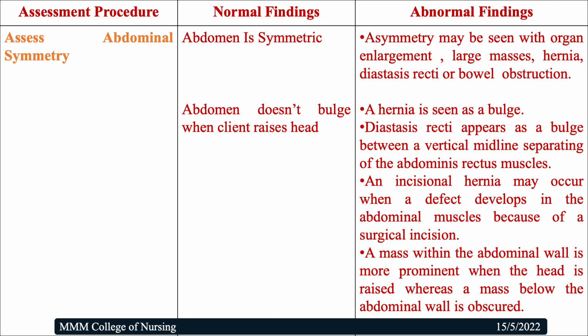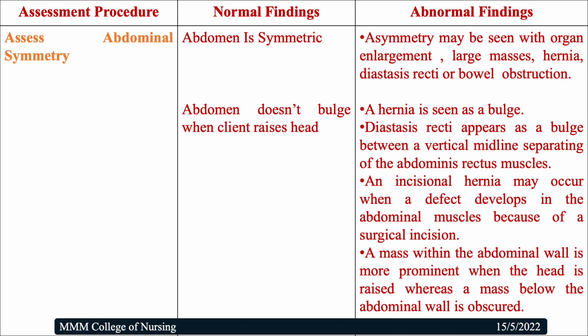Diastasis recti appears as a bulge between a vertical midline separation of the rectus abdominis muscles. This condition is of little significance, usually seen after pregnancy. An incisional hernia may occur when a defect develops in the abdominal muscles because of a surgical incision.